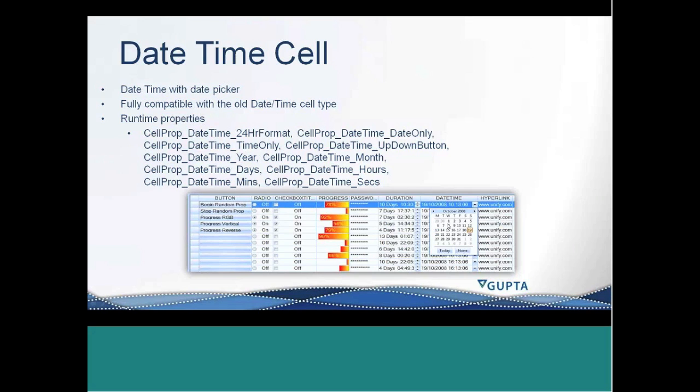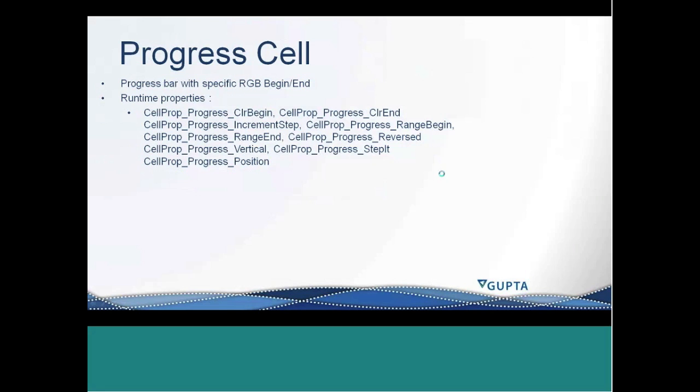So as you can see here on the screen, that's the datetime, date picker cell type introduced in the Team Developer 5.1 grid.